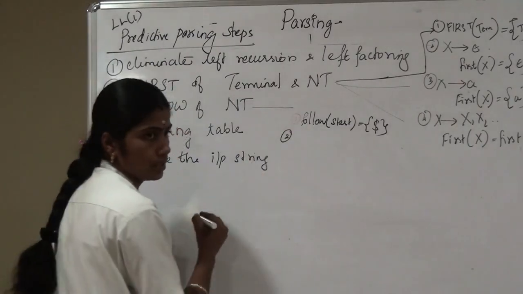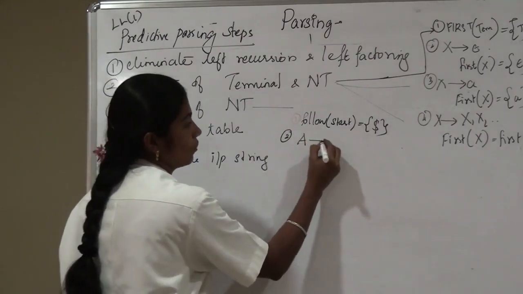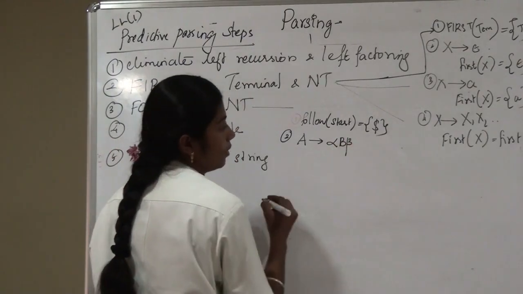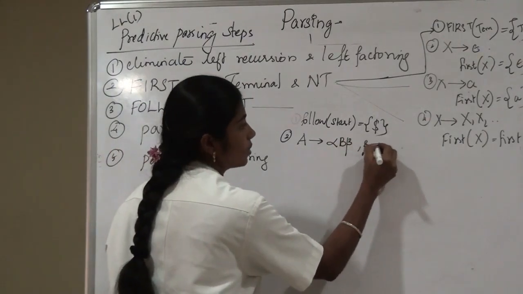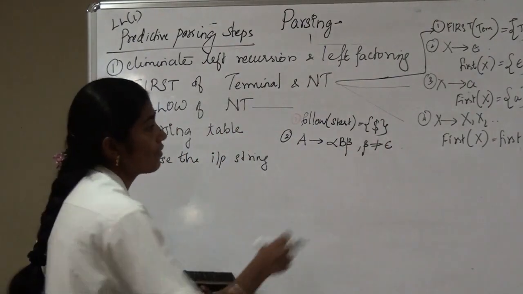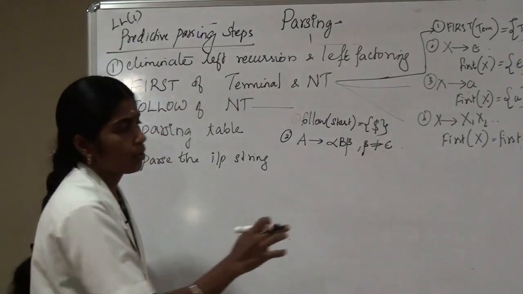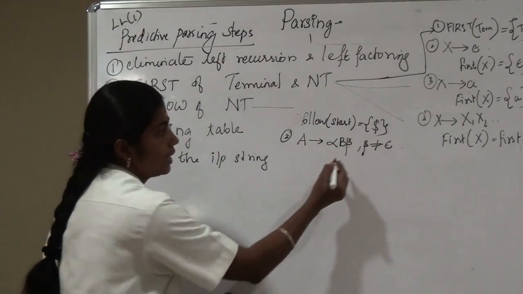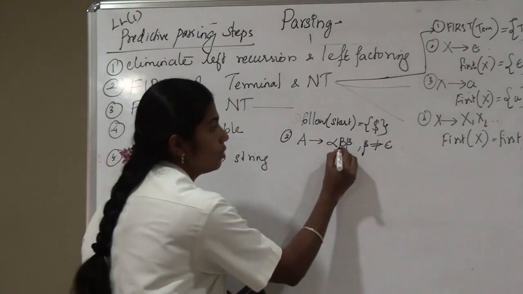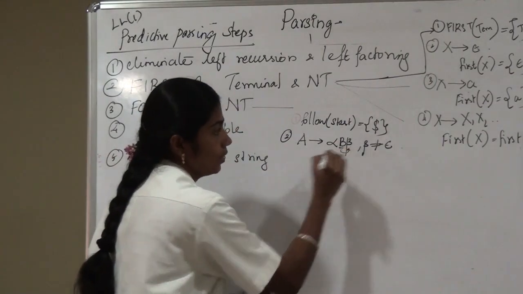And the second rule is, if you have a production of the format A derives alpha B beta, provided beta is not equal to epsilon, which means you are having something in place of beta, in such a case you will be finding the follow of B. Now who is following B? It is beta.